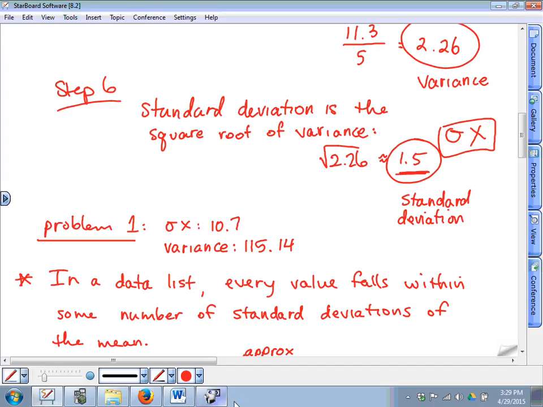In a data list, every value on that list falls within some number of standard deviations of the mean. So quickly finish writing that up. Every value falls within some number of standard deviations of the average.